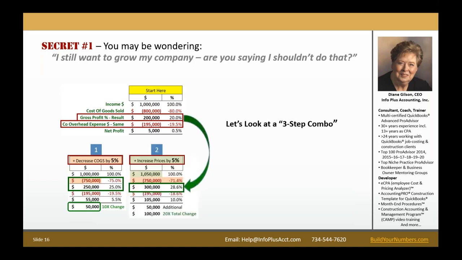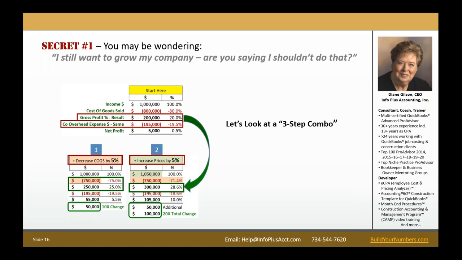Then we increase our prices by 5% after we've got all of our operations under control. Bumping that price by 5% is very likely possible, particularly if you've chosen to focus on particular niches, as some people say. That's going to bump your margin up to 28.6%, starting with the same numbers and then making these tweaks.